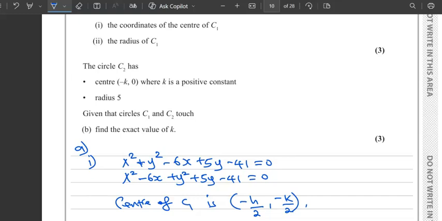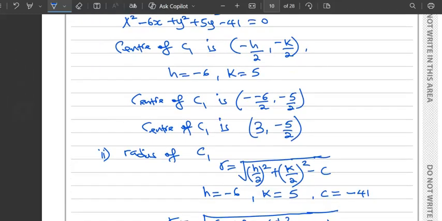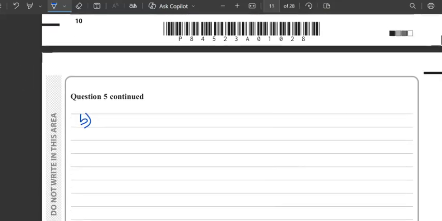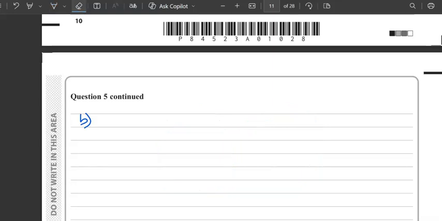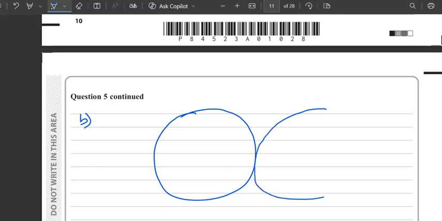Now, just to sketch what we've been given, we have two circles, circle with center C1 and another circle with center C2.